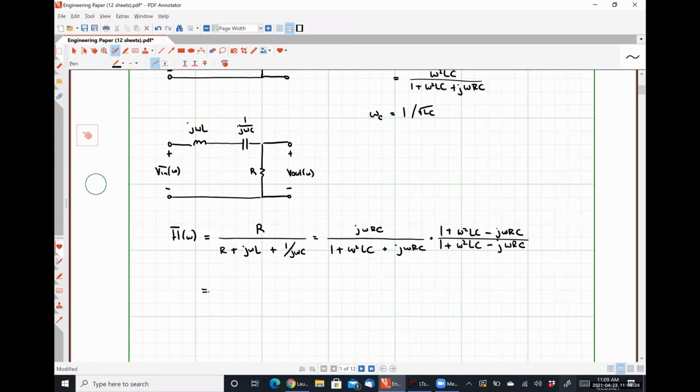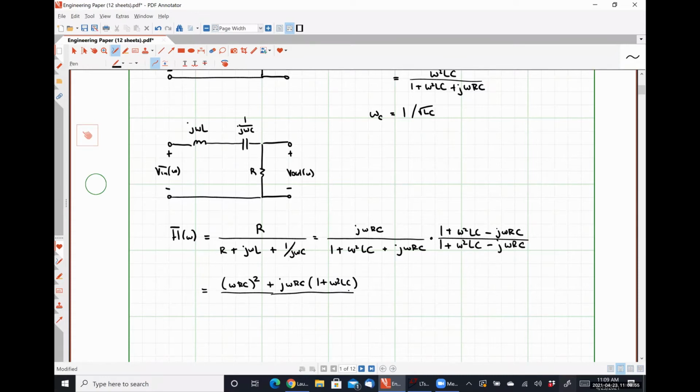We're also going to have negative j omega RC times positive j omega RC, which is negative j squared, or positive 1, omega RC quantity squared, plus j omega RC times 1 plus omega squared LC.